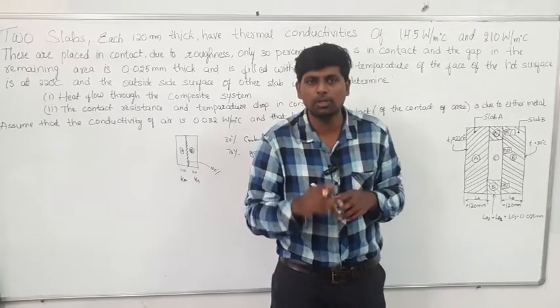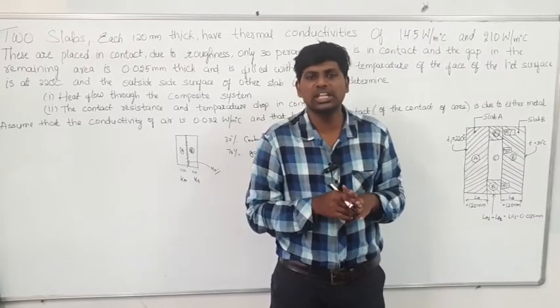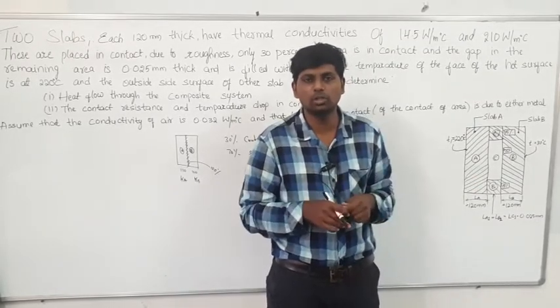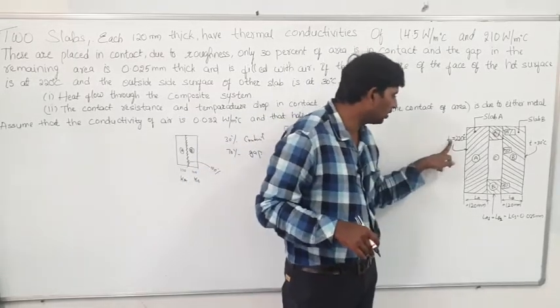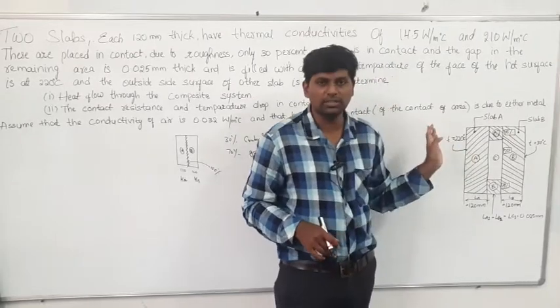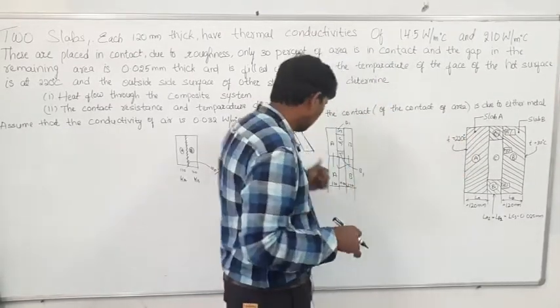So these three components first you have to convert into series. After that you can assign: this one is T and that one is also T. You can't say T1, T2 and T3.